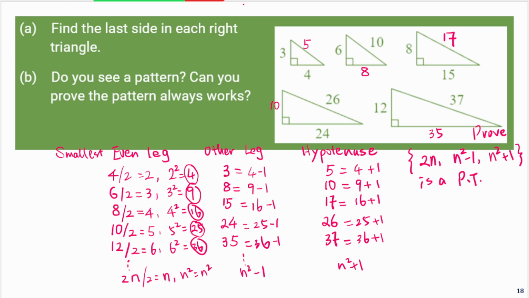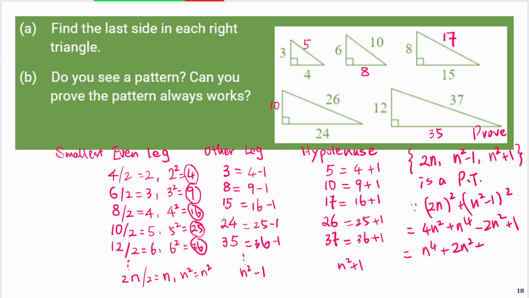Of course, we can do this very easily, right? Because we can see (2n) squared plus (n squared minus 1) squared will give us 4n squared plus n to the power 4 minus 2n squared plus 1. And this gives us n to the power 4 plus 2n squared plus 1.